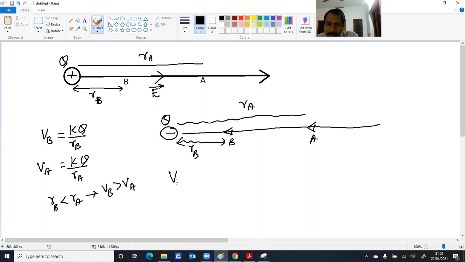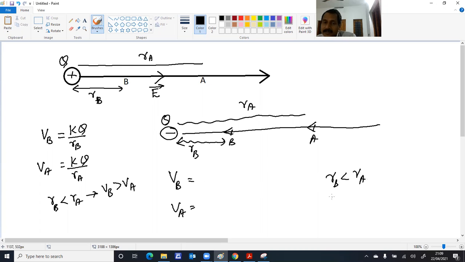So potential of B, potential of A, which is higher potential? B. A, because even though RB is less than RA.